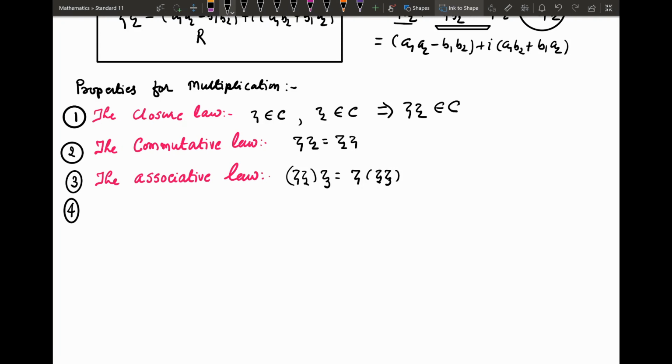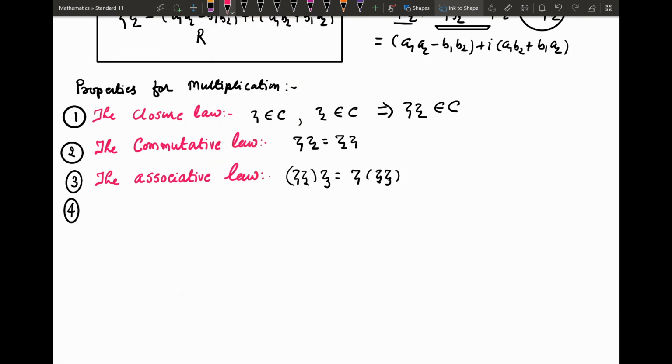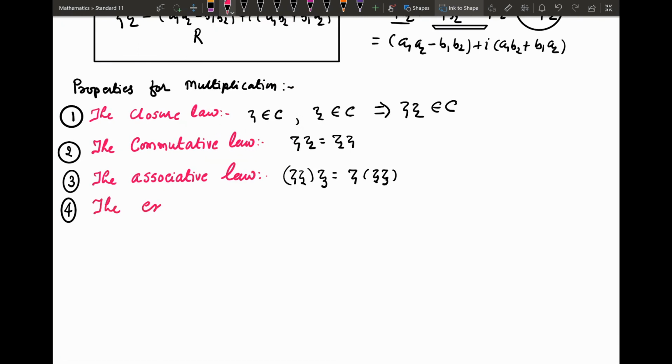The existence of multiplicative identity.